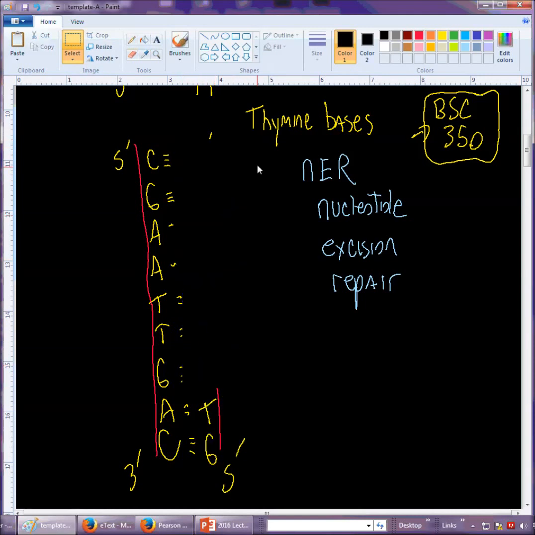I think you know where I'm going with this anyways, right? So cut it out and just fill it back in using this guy over here as the template. And okay, we have our repaired DNA.